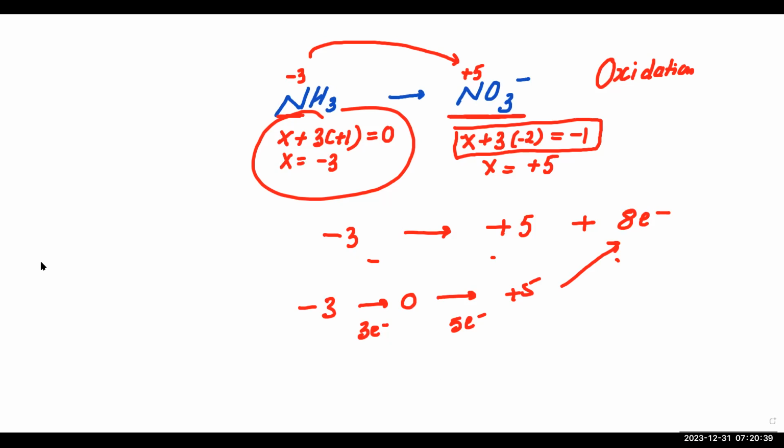One last example. Cr2O7 2 minus to CrO4 2 minus. What is it? Which one, Saranya? The previous one?